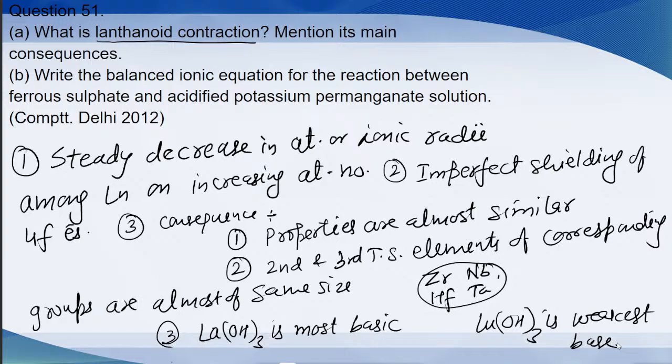Next question. Write the balanced ionic equation for the reaction between ferrous sulfate and acidified potassium permanganate solution. So see, potassium permanganate. The ion involved in the redox reaction is MnO4 negative.